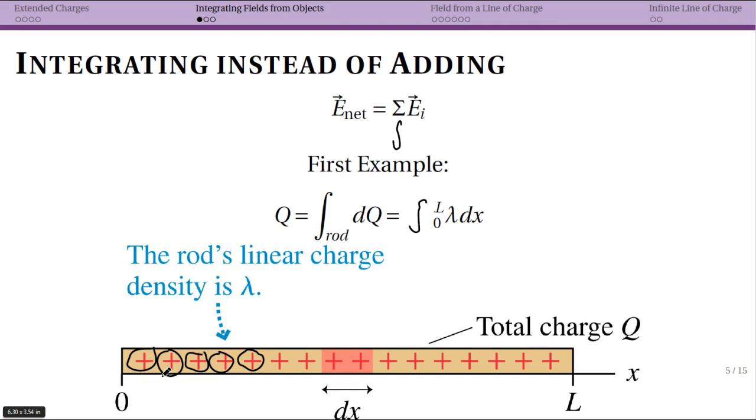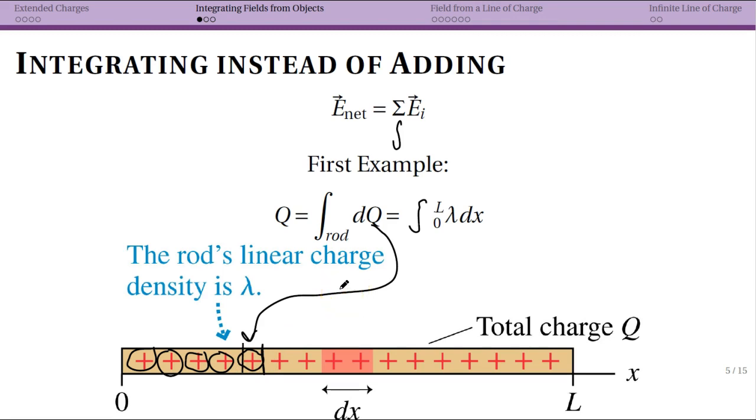So we no longer have a finite number to add up, but we can make our little bit of charge smaller and smaller until we reach an integral. So instead of thinking about just charge, we would be thinking about the integral of little bits of charge, where each dq is just some little section of my object.